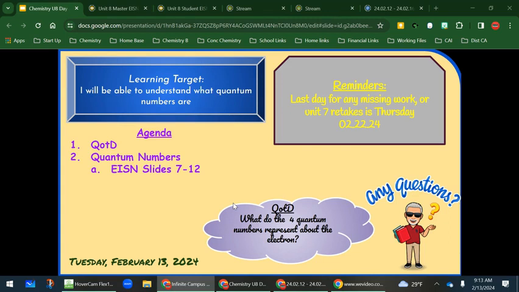There is actually no quantum number that represents the amount of them. The amount is based off of different things. Do you remember what the amount was based off of? Technically, the orientations of the sublevels. So the orientations of the sublevels can tell us how many electrons total because 2 electrons fit in each one. So good, Josie.